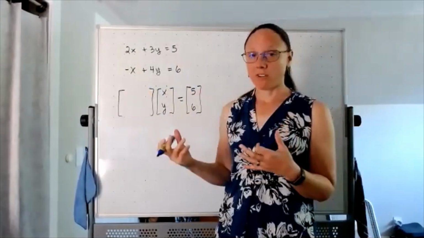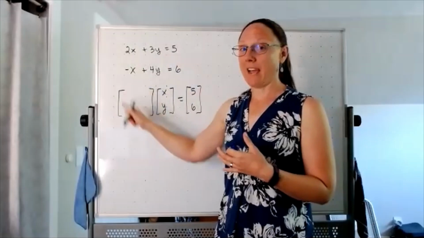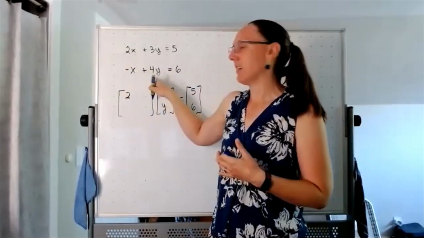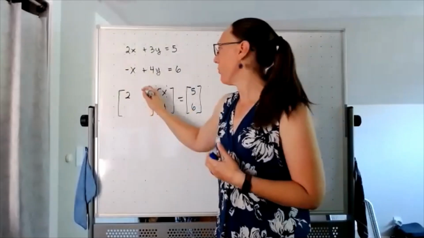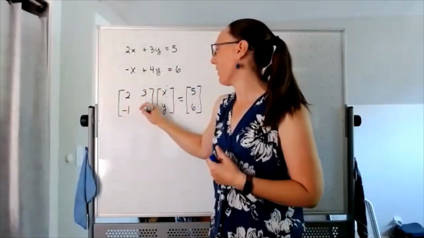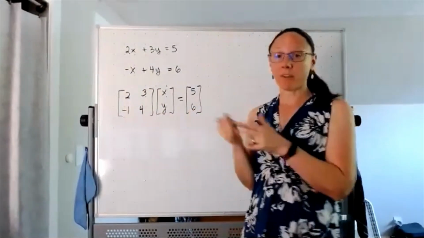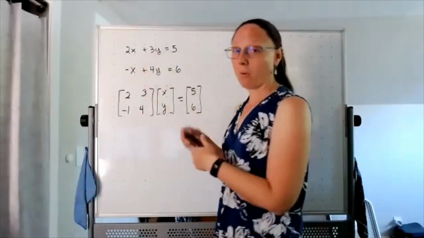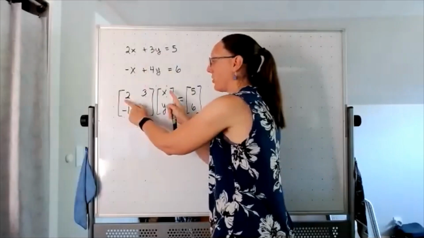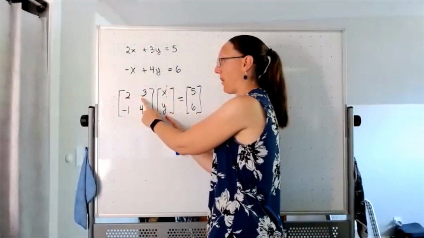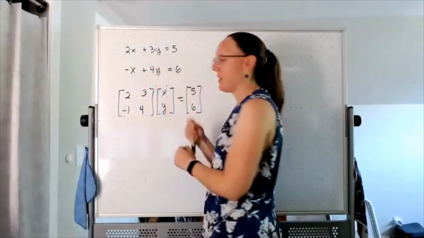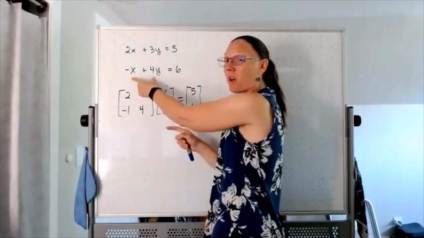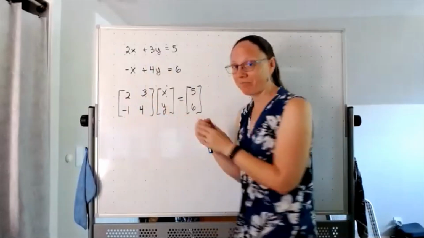Just from the rules of matrix multiplication, I know that what has to be in here are essentially all the coefficients from up here: 2, 3, -1, 4. And you can check really quickly that when you multiply these together, you get what we started with. So I'd have 2 times x plus 3 times y. Yep, that matches. And I'd have -1 times x plus 4 times y, which also matches what we have here.